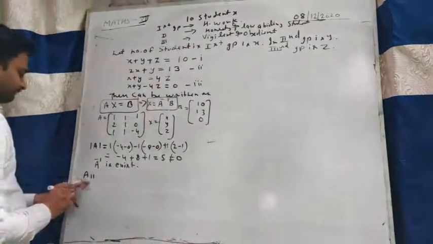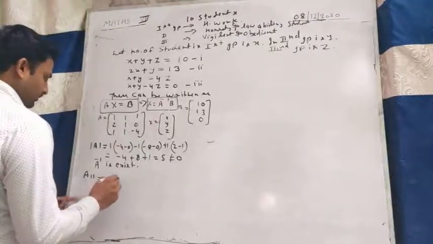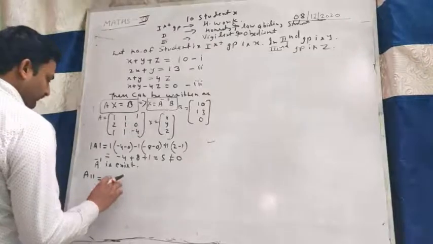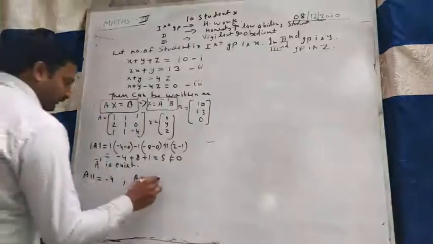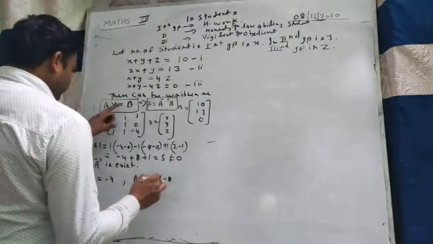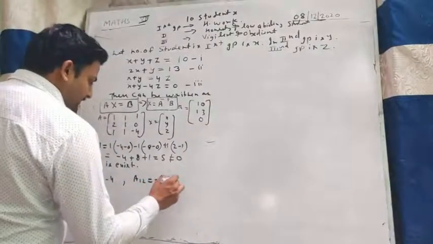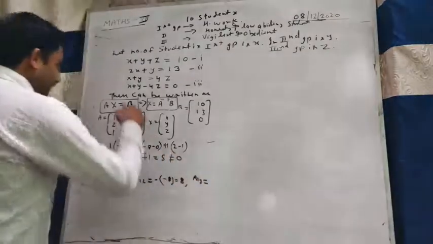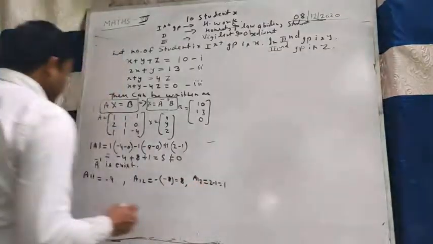So let us start finding cofactors. A11: this is removed, so minus 4 and 0, so it will be minus 4. Now A12, with a negative sign: minus 8 minus 0, so it will be 8. And A13: 2 minus 1, this is 1.